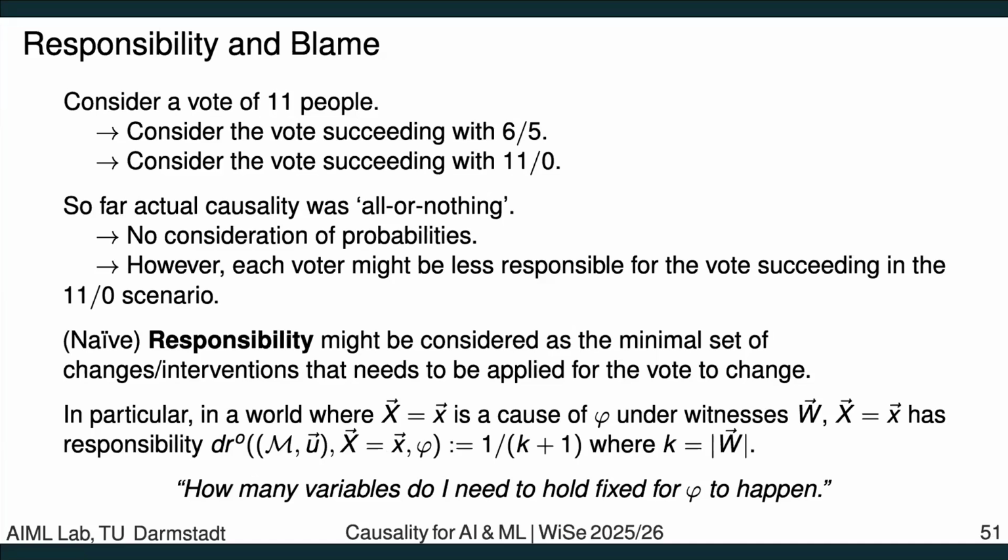And again, a very naive notion of responsibility is, okay, whoever is part of this actual causal set that makes this event happen, I might want to assign equal blame to every one of them for the outcome.